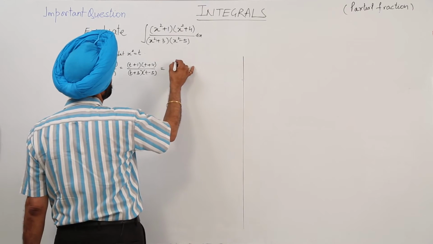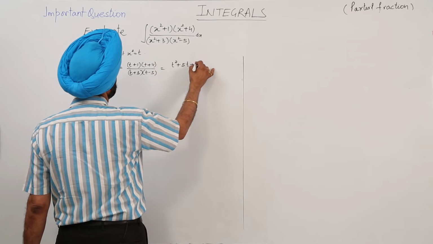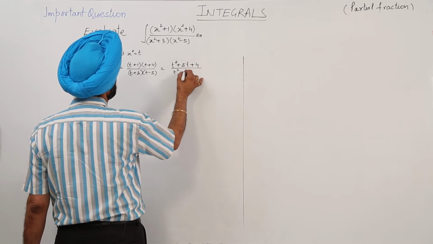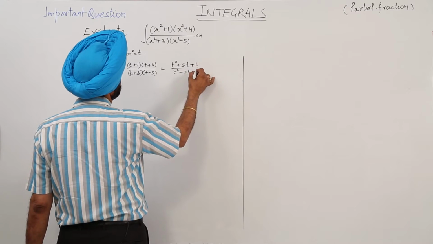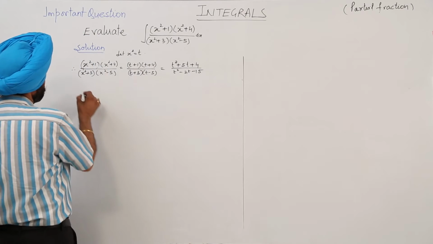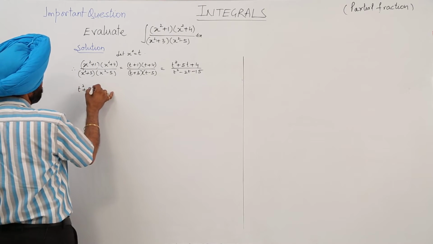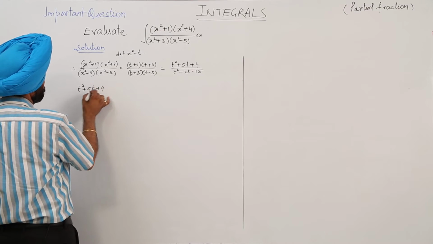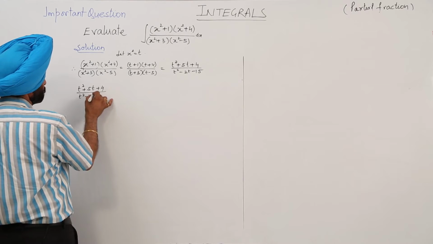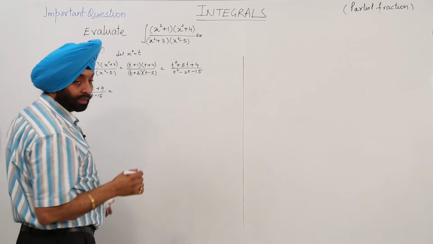t square plus 5t plus 4 upon t square minus 2t minus 15. Now, what can we write for this?